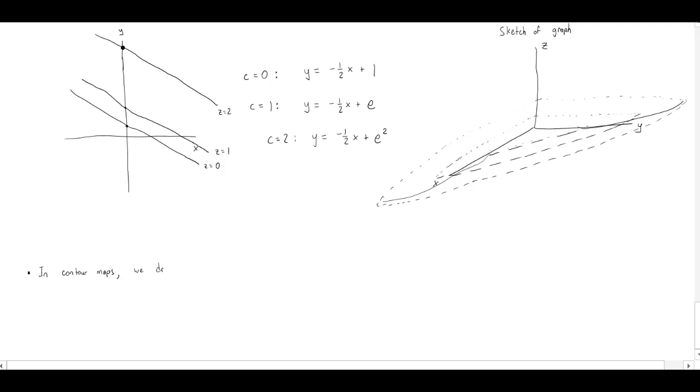So we draw level curves more closely together when the graph is steep. So it's changing rapidly in slope or in height, if you will, all right?